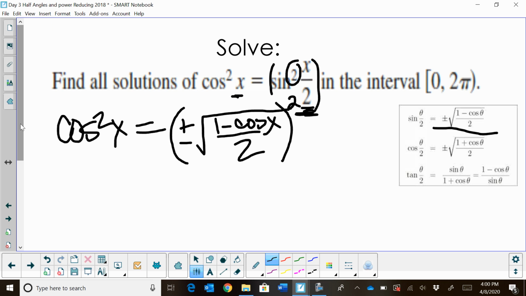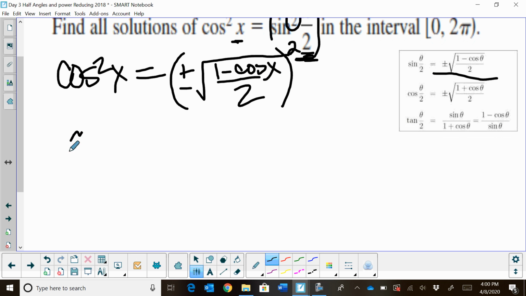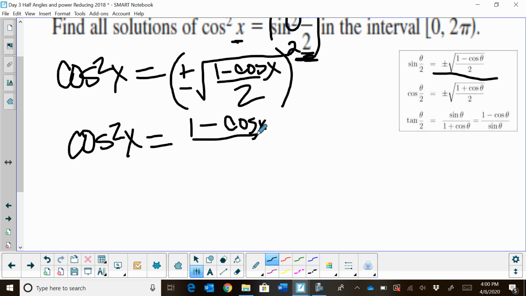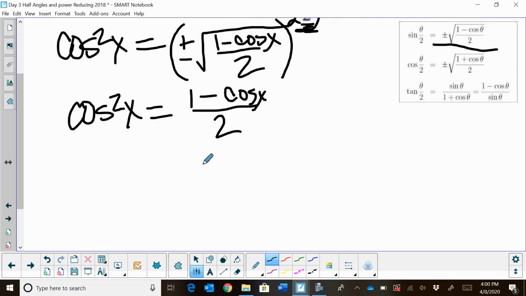Okay, now, once we square that, we're going to get cosine squared x on the left, and on the right, the positive and negative cancel out because we're squaring them. The radical disappears, and we have 1 minus cosine x all over 2. Now we need to solve this one. So let's multiply both sides by 2.